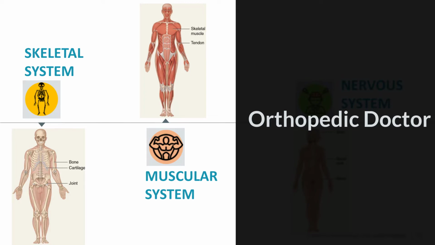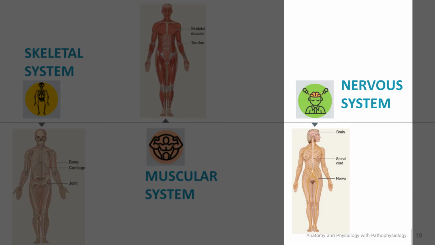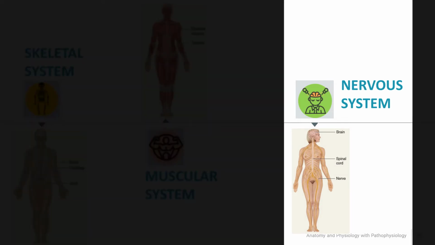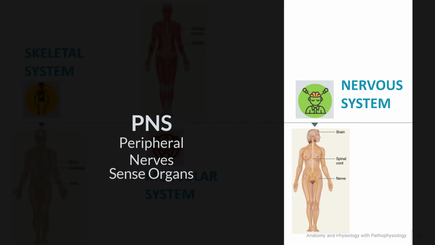The nervous system consists of the central nervous system and the peripheral nervous system. The central nervous system, or the CNS, consists of the brain and the spinal cord, while the peripheral nervous system, or the PNS, consists of the peripheral nerves and the sense organs.